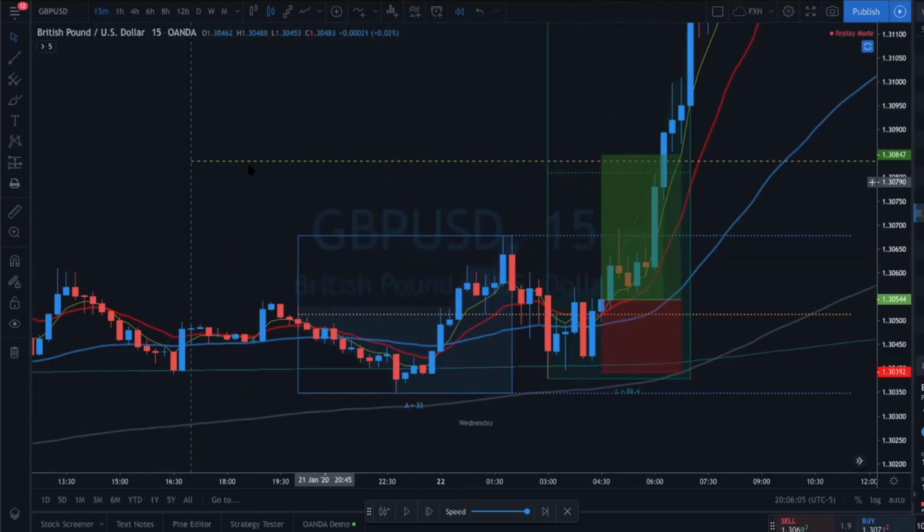Like yesterday's high, if you have the EMAs in your favor, last week's high or low. Use any of that to your advantage, as somewhere price could go to because it's already been there before. Does that make sense? Yes, it does.